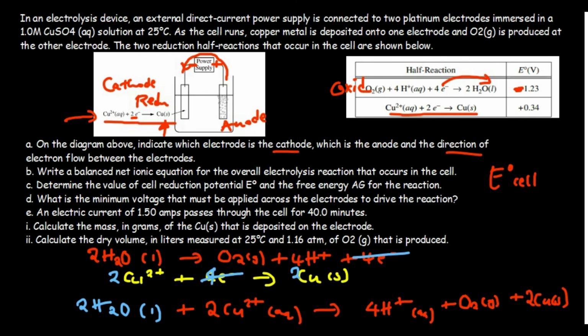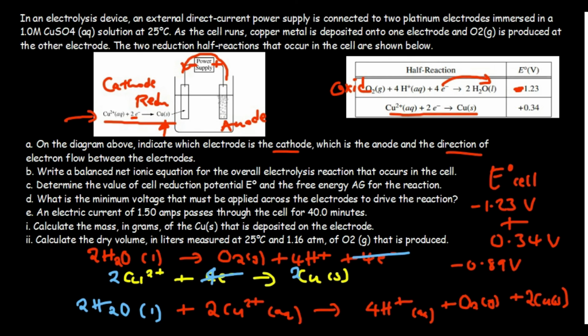So add negative 1.23 volts plus the reduction potential of the reduction reaction. What answer do you expect to get there? Negative 1.23 plus 0.34 volts, the value is negative 0.89 volts.